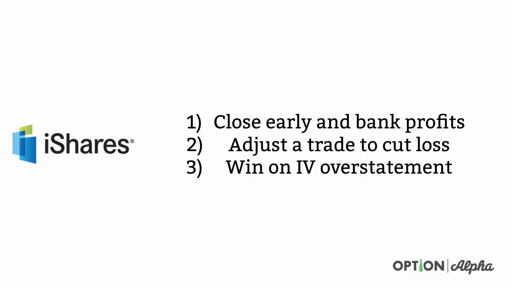But track number 2, we can close trades early, we can bank profits, we can adjust trades to cut loss, and we'll naturally win on the fact that IV overstates the expected move, which means that a trade that has a 21% chance of being in the money might actually only end up being a loser 19% of the time. So IV, implied volatility, always overstates how far the stock might move at the end of the day.